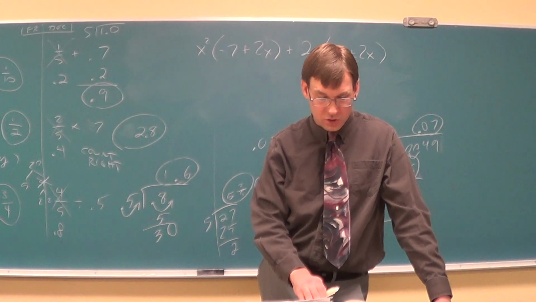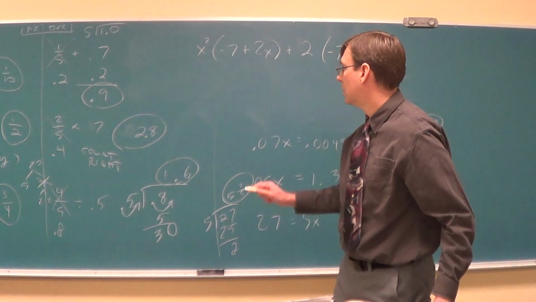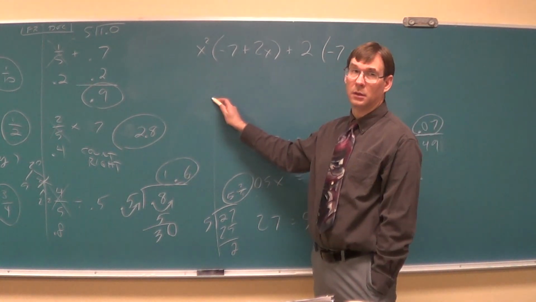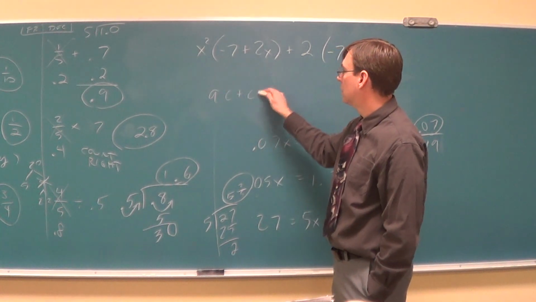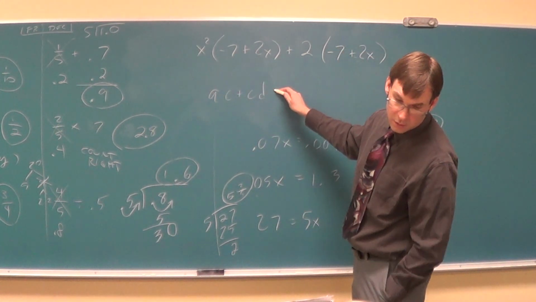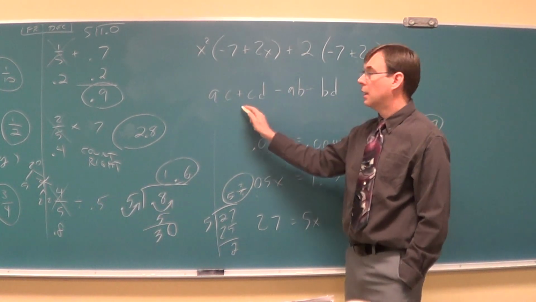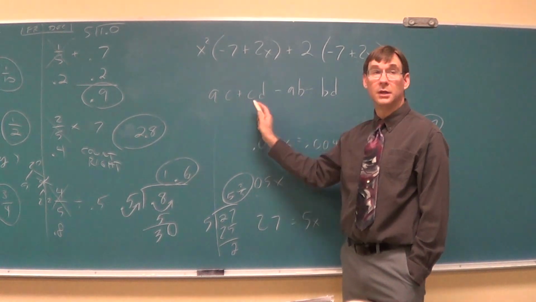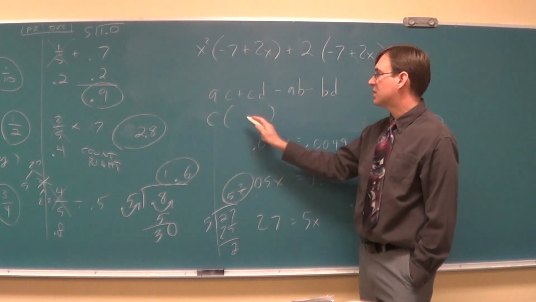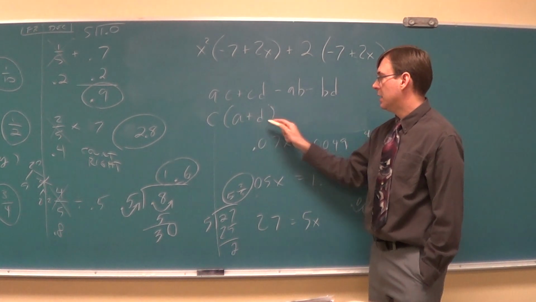So do the first 2 on 19 have anything in common? Anything in common on those first 2? C. So if you pull off the C, it leaves you an A and a D.